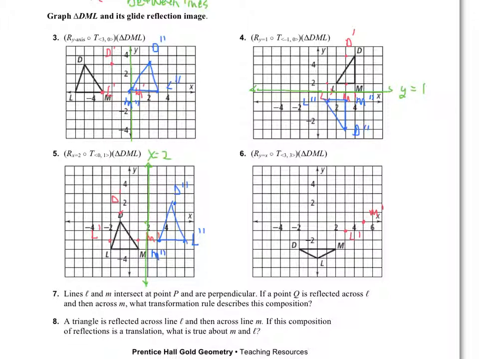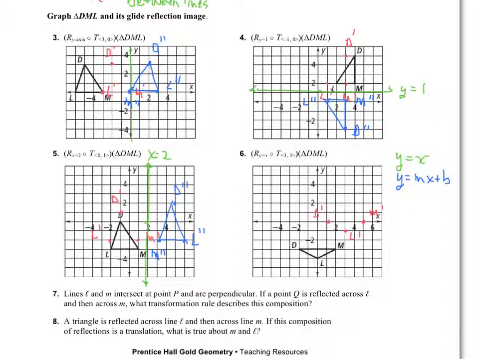And then D prime would be right here. And all I did was move each of those points to the right 3 and up 3. Then we want to reflect over the line y equals x. So let's talk about that. Y equals x is in the form of y equals mx plus b.